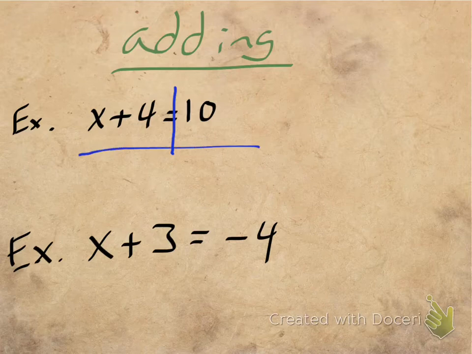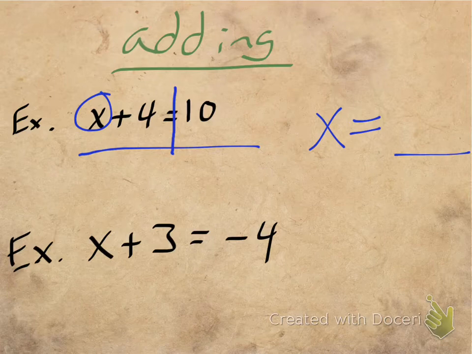Now our whole goal is to get x by itself. We want x equals something. Well, we look at what's over there with the x. The 4 is over there. So what we're going to do is use opposite operations to get rid of that 4.